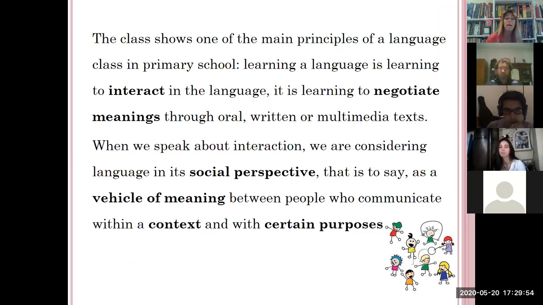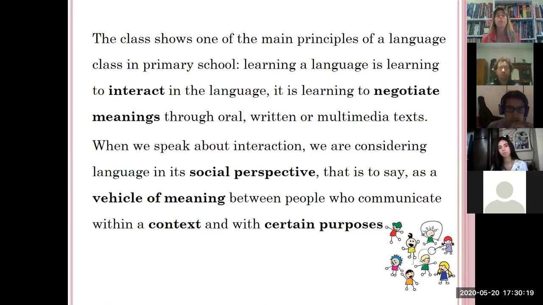That is to say, as a vehicle of meaning between people who communicate within a context and with certain purposes. So this is something that we shouldn't forget, people. Language, we are social individuals. Education is a social and human activity. So we can't forget the social perspective.